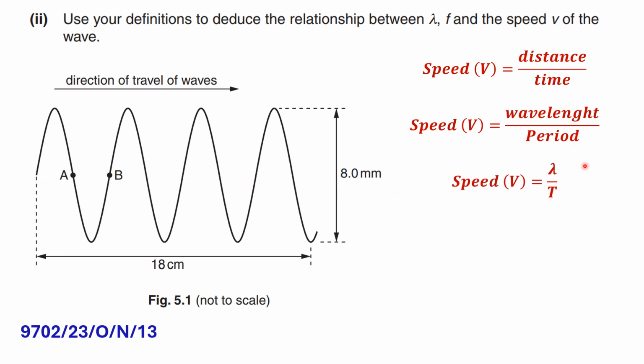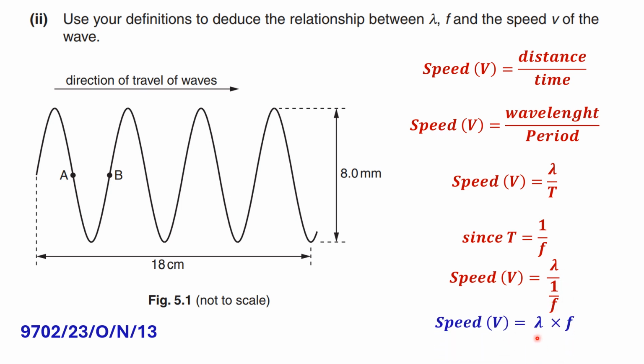So in terms of abbreviation it is lambda over uppercase T. But we know that the period is the inverse of the frequency. So doing the substitutions here and reorganizing this equation, the numerator and the denominator we are going to flip. So the result is the formula for the speed of a wave is wavelength times frequency.